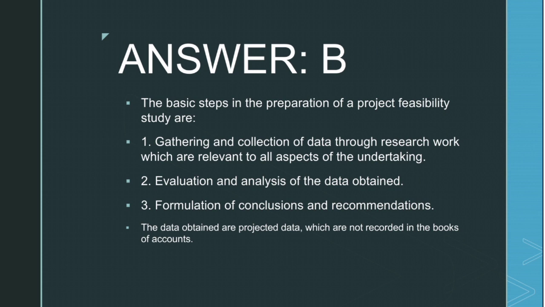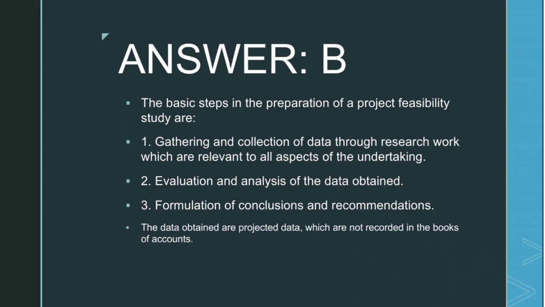Why letter B? Here is the explanation. The basic steps in the preparation of a project feasibility study are the following. First, the gathering and collection of data through research work which are relevant to all aspects of the undertaking.